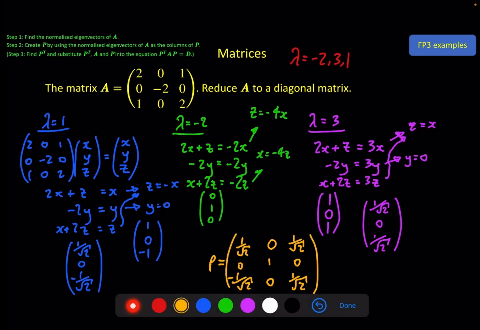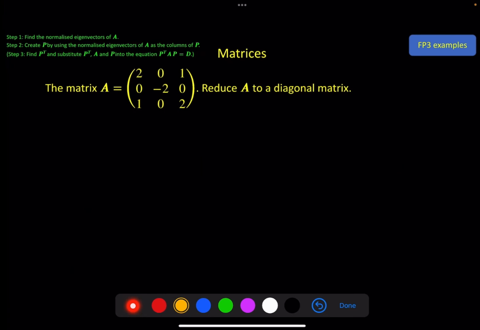I'm going to transpose this, put it into the equation P transpose A P equals D, and find D. So we've got P, 1 over root 2, minus 1 over root 2, 1 over root 2, 1 over root 2 like this.